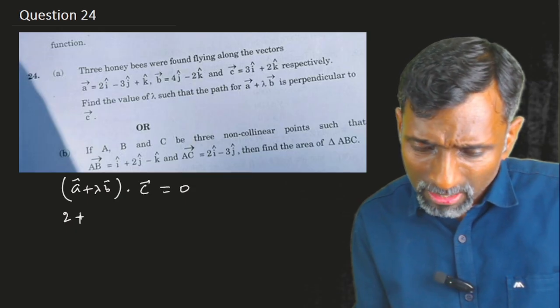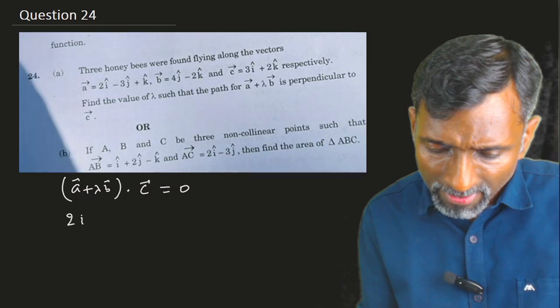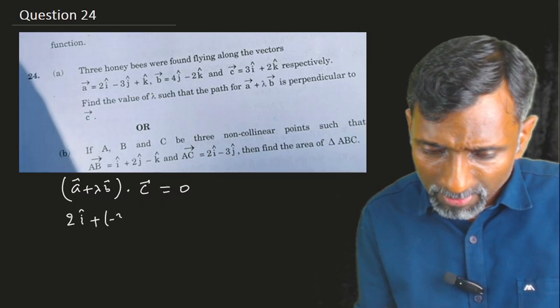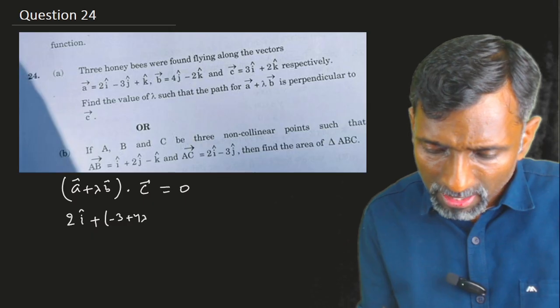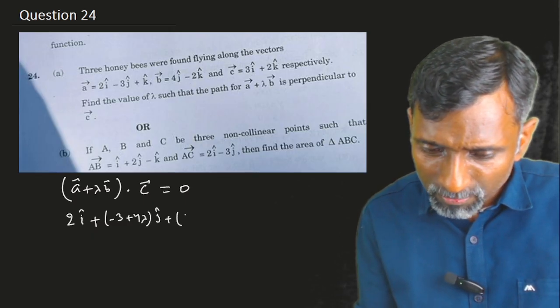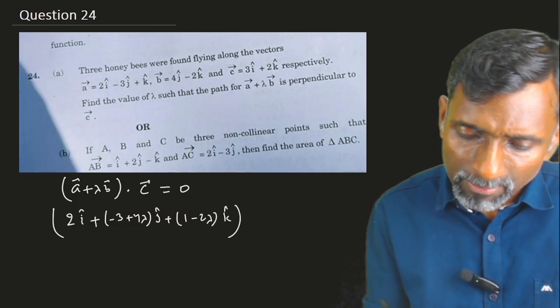In the b vector, i cap is 0, so it is 2 only. So we can just take it as 2 i cap plus j cap. For j cap, it is minus 3 plus 4 lambda j cap, and for k cap it can be 1 minus 2 lambda k cap. So this is a vector plus lambda b vector.